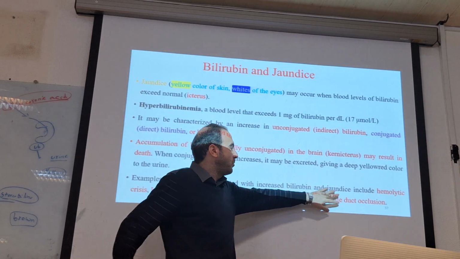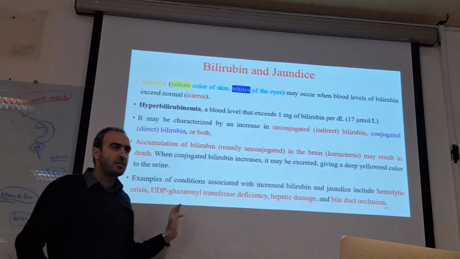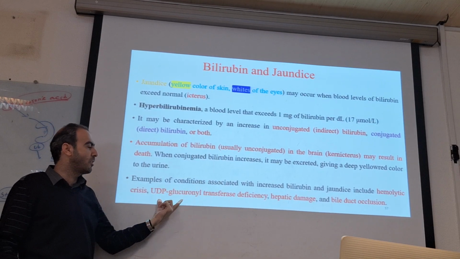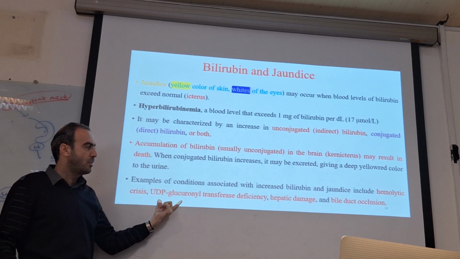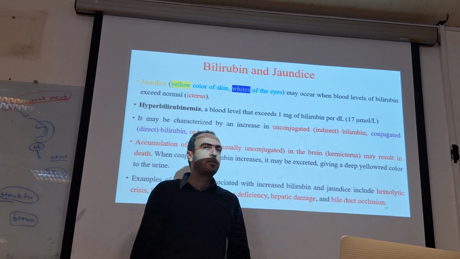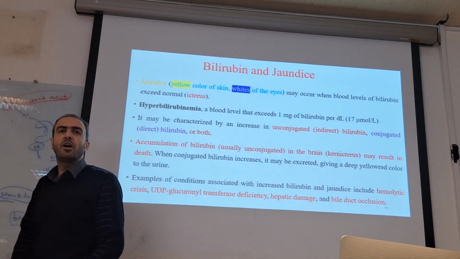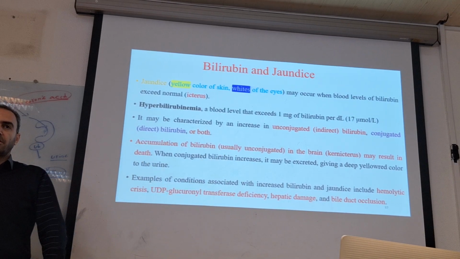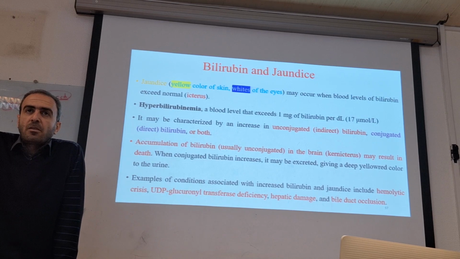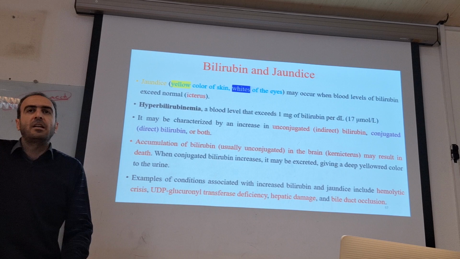The jaundice can be due to a hemolytic crisis, dysfunction of glucuronide transferase, hepatic damage, or maybe bile duct obstruction. Especially you guys are going to work in Iraq. Because of the prevalence of hepatitis in Iraq, they have a lot of problems in their liver.